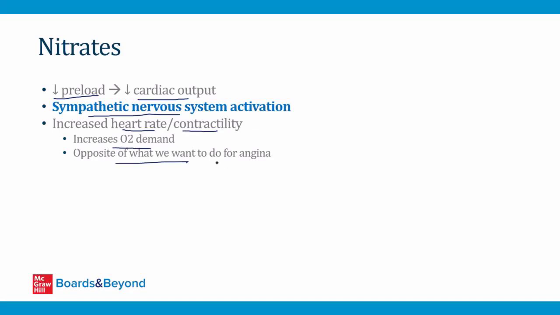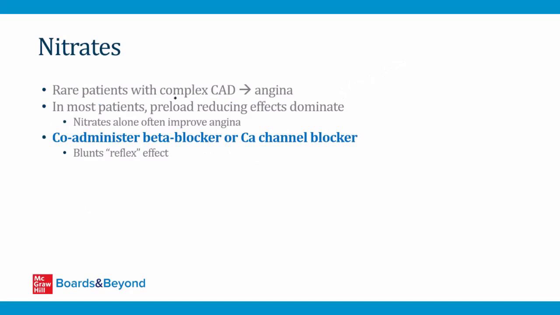It's the opposite of what we want to do for angina. And so because of this effect, some of the beneficial effect of nitrates is offset by activation of the sympathetic nervous system. So in rare patients who have complex coronary disease, meaning blockages in multiple vessels, the nitrates can lower the preload, activate the sympathetic nervous system, and that in turn can cause more angina.